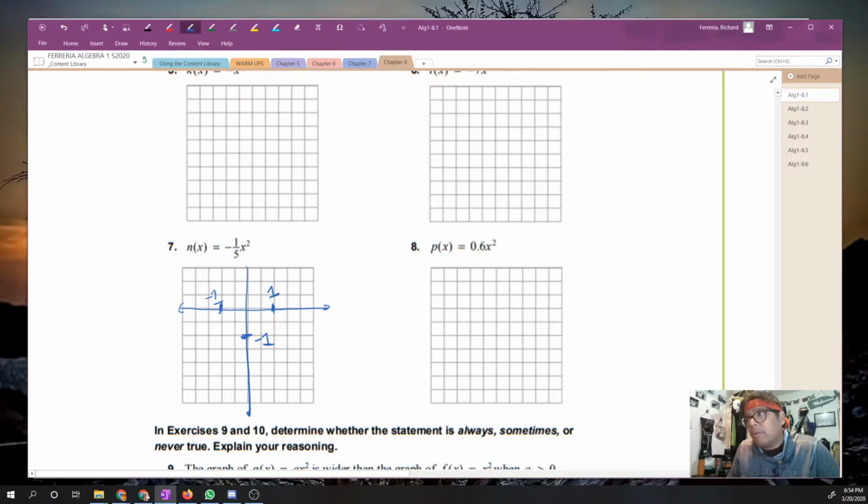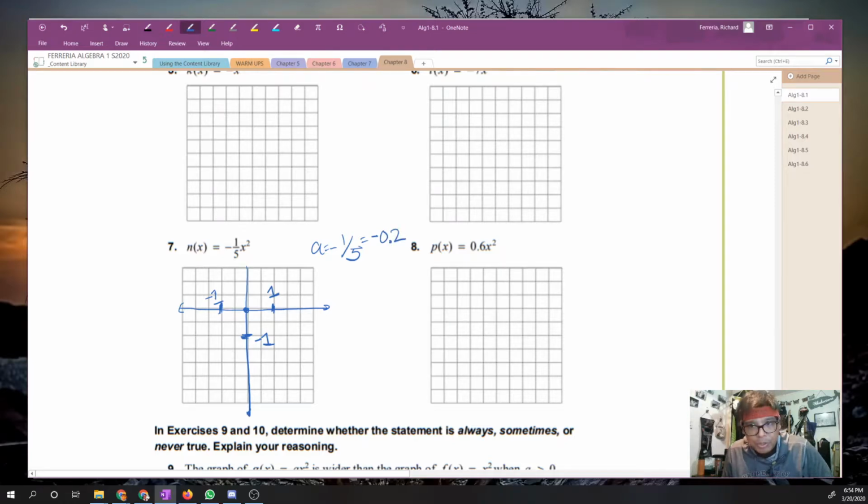Computer, what's 1 divided by 5? You totally ignored me. Computer, what's 1 divided by 5? 1 divided by 5 is 0.2. Okay, so this is negative 0.2.